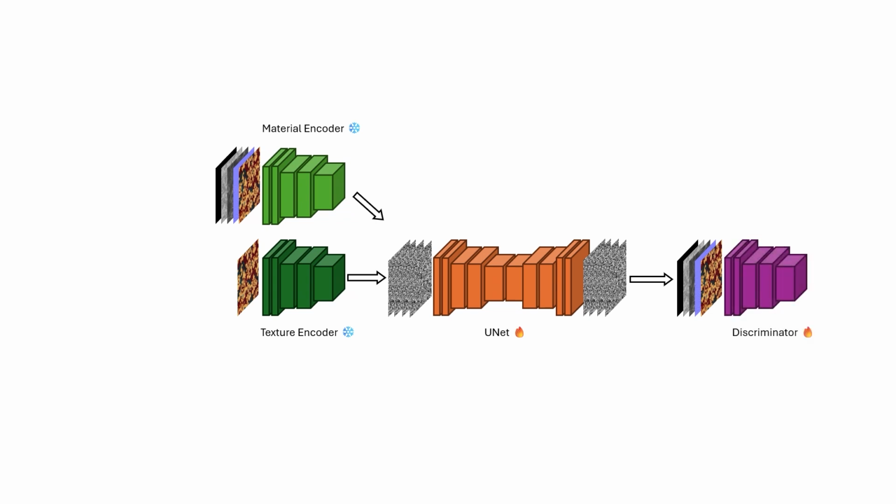The domains don't match, so we built a shared latent space. We first train a VAE to compress material maps, and then fine-tune variants to compress single texture into the same latent representation.